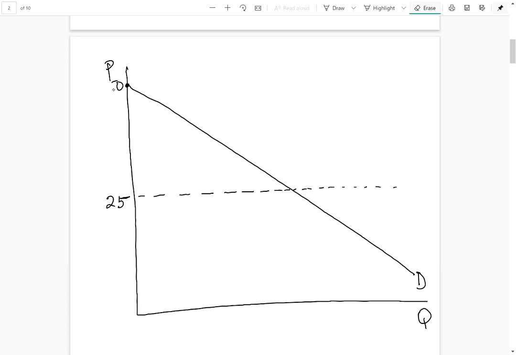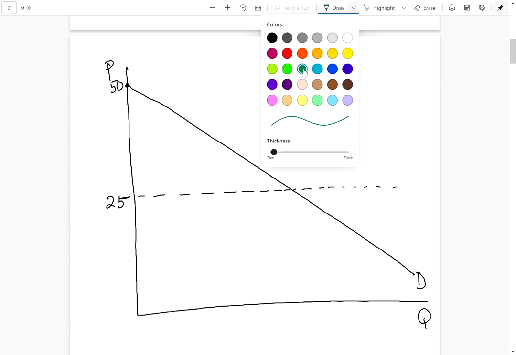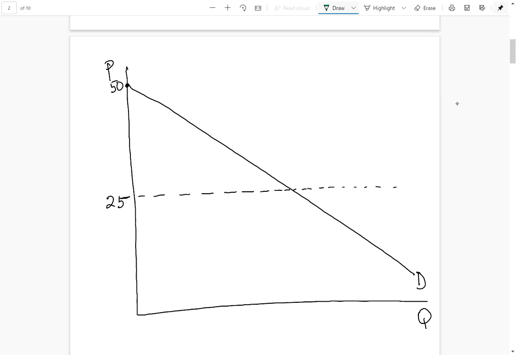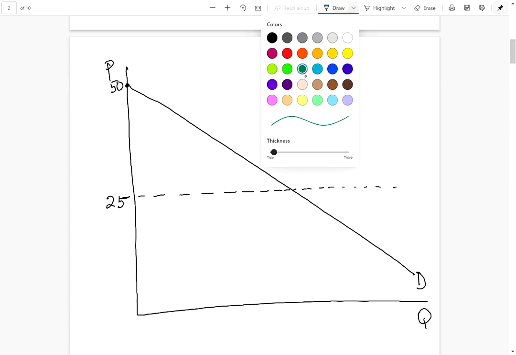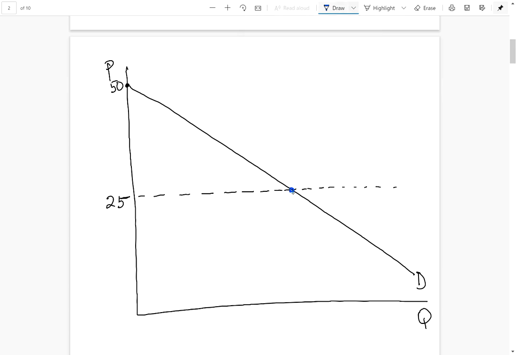Right? We don't have an equation, we're just putting numbers in here. If we had an equation, we would be able to tell that number.